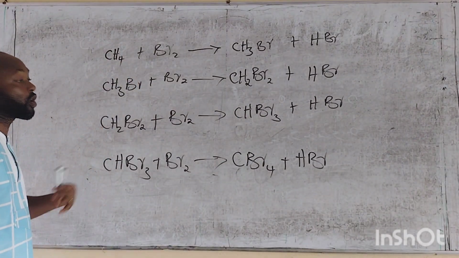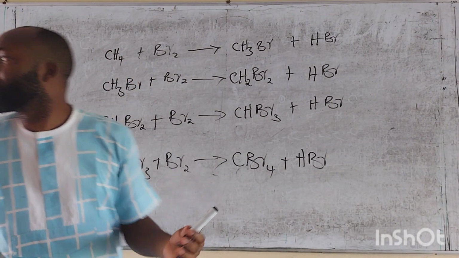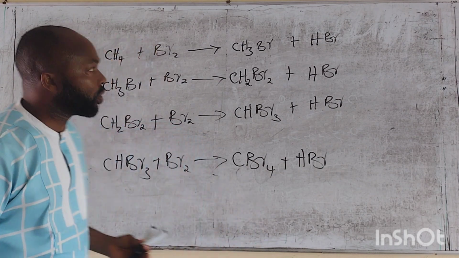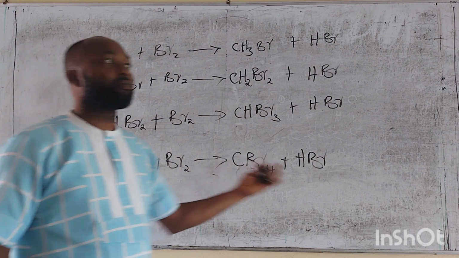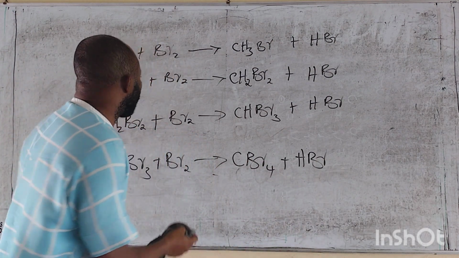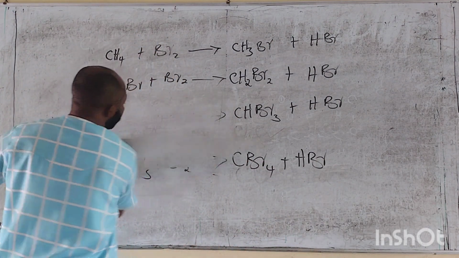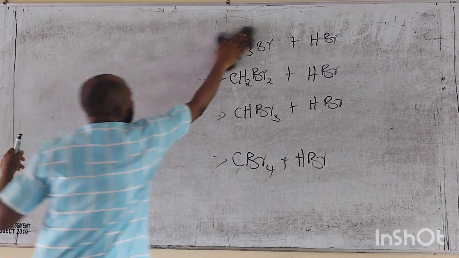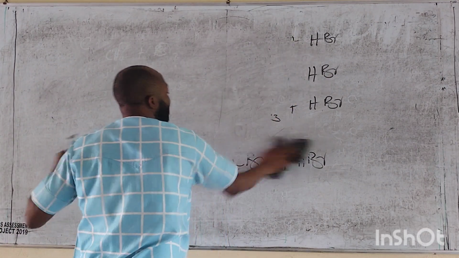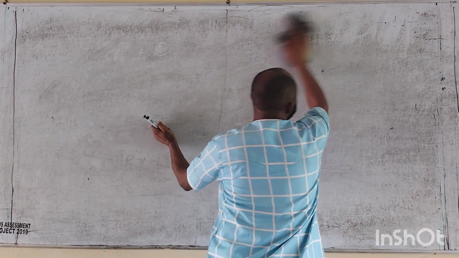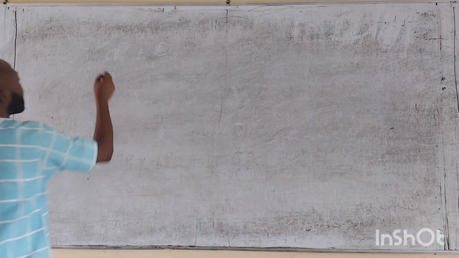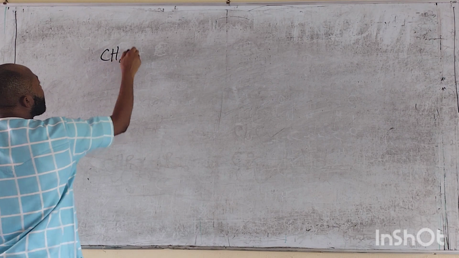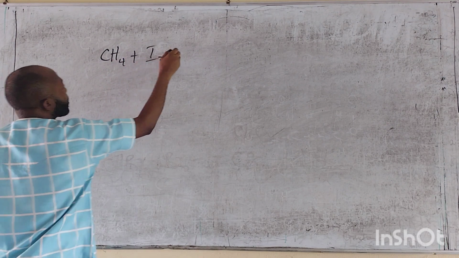And this process can continue. We can still do the same thing with iodine. So that one, you can solve it and comment on what you get in the comment section. Then we can now proceed. So let me just give you what you're going to do at your own private time. Send your answer in the comment section. I will say it. So we have the CH4 plus iodine molecule.